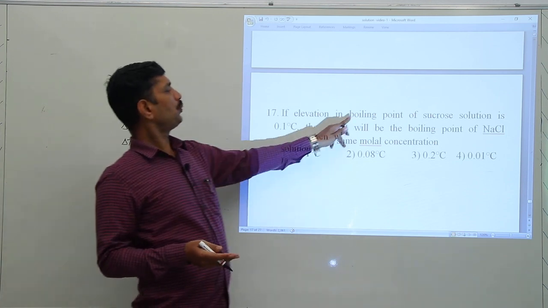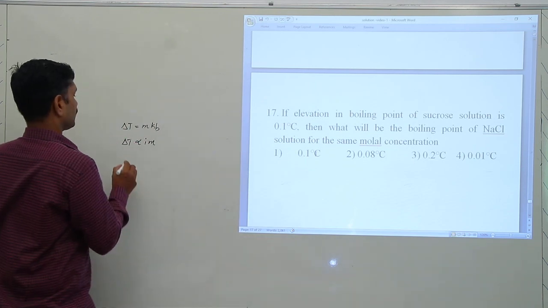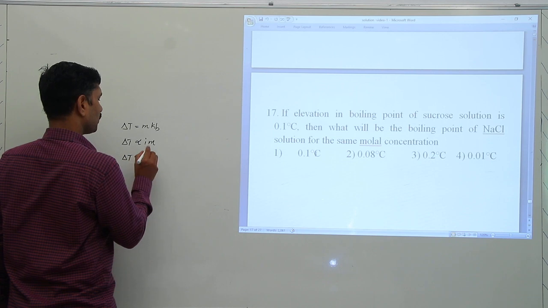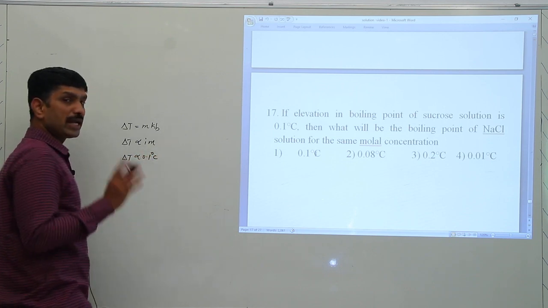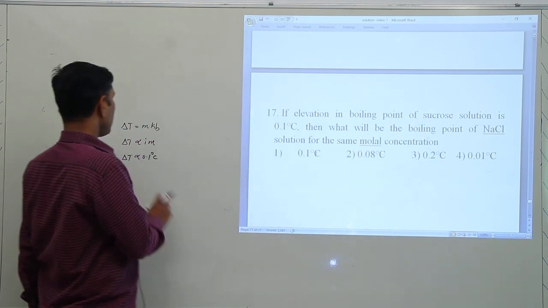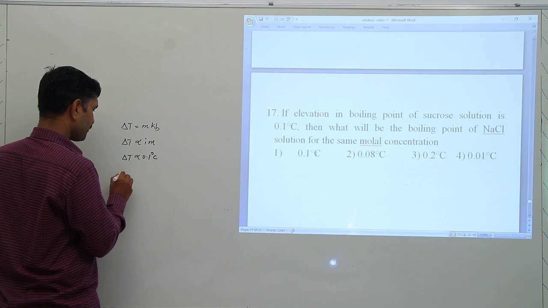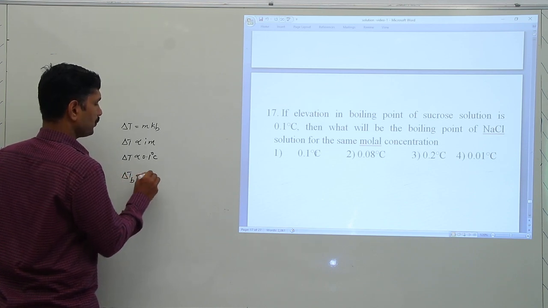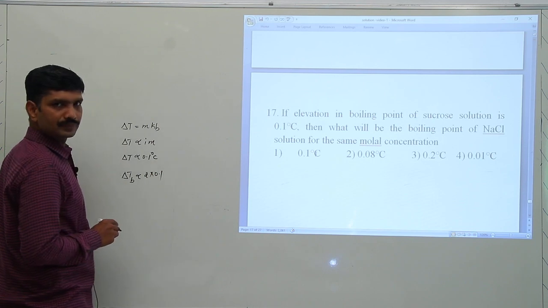For the boiling point of the sucrose solution, delta TB is equal to 0.1 degree, because it does not dissociate, the I value is equal to 1. But in the case of sodium chloride, the I value is 2. Therefore, delta TB is directly proportional to 2 into 0.1.